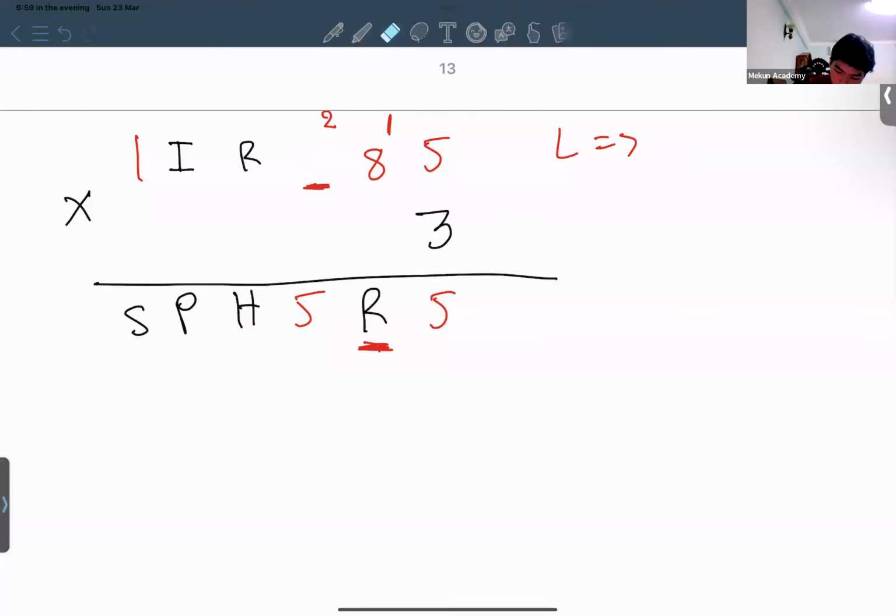When L equals to 7 you get 7 times 3 which is 21 plus 1 you get 22. So for this it is possible, so R equals to 2 and L equals to 7, and then you can just continue on from this.